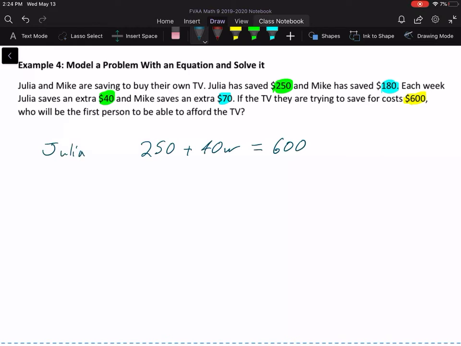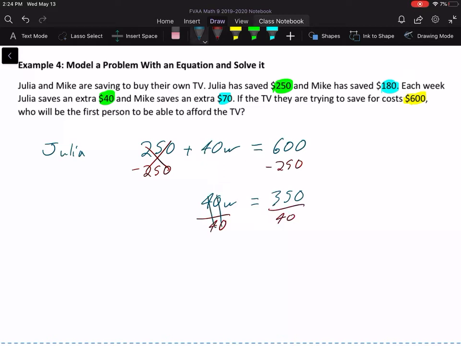All right, so we can solve this algebraically real quick here. Minus 250 on both sides for that initial amount. That gives me $40 per week to make up the last $350 left to buy the TV. And then because it's 40 times W, I'm going to divide both sides by 40.